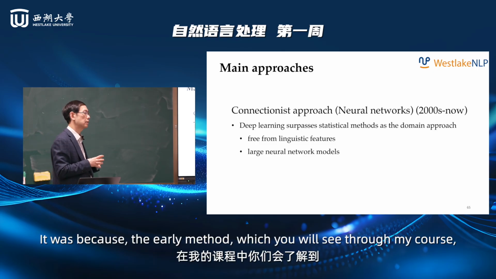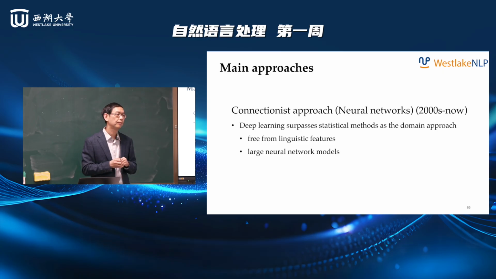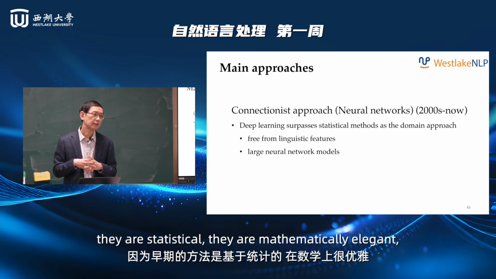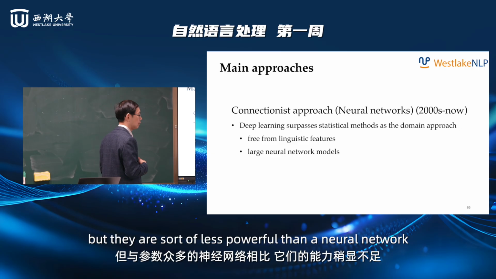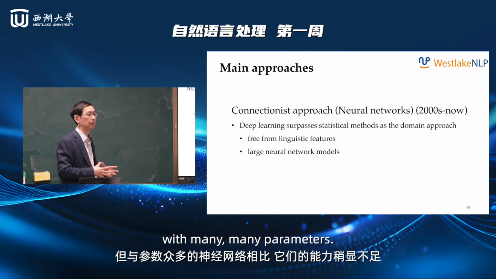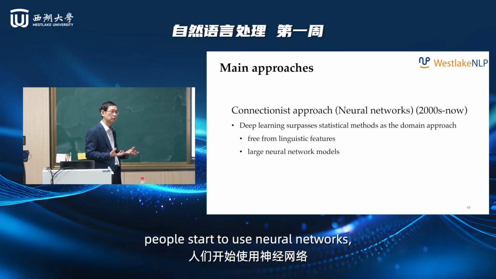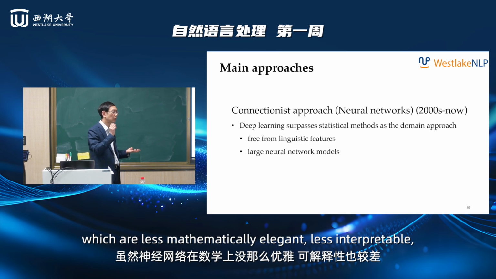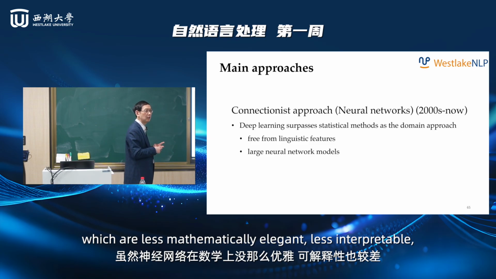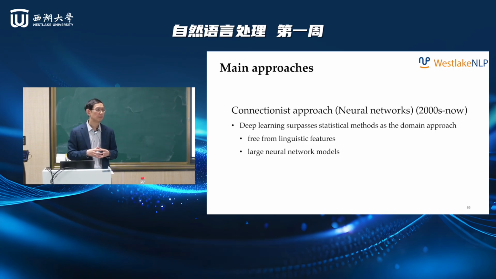It was because the early methods, which you will see through my course, okay, are statistical and mathematically elegant, but they are less powerful than a neural network with many, many parameters, okay? When the computation power increased, people started to use neural networks, which are less mathematically elegant, okay, less interpretable, but more powerful to solve these problems, okay?